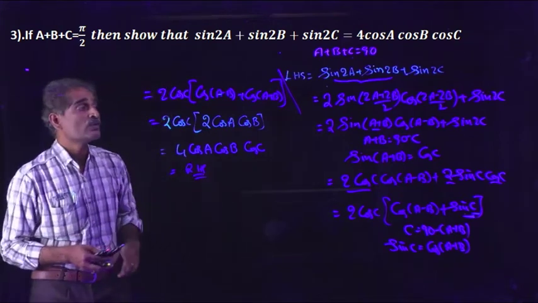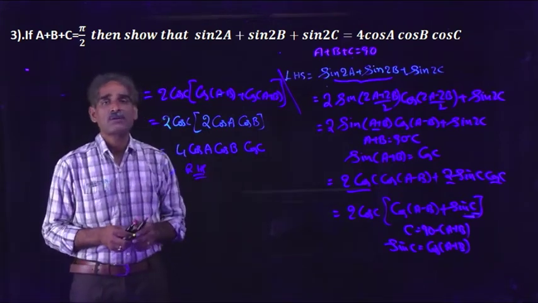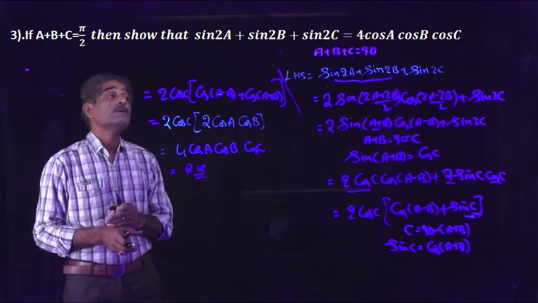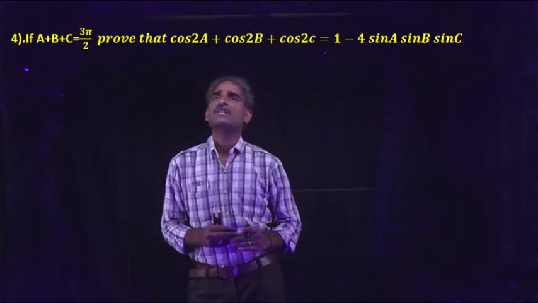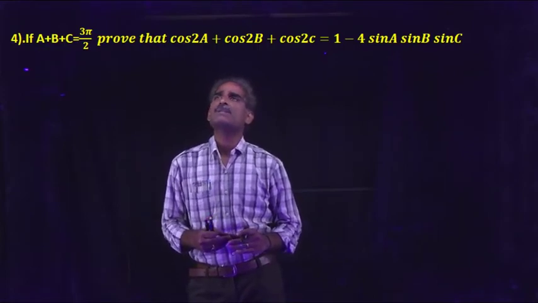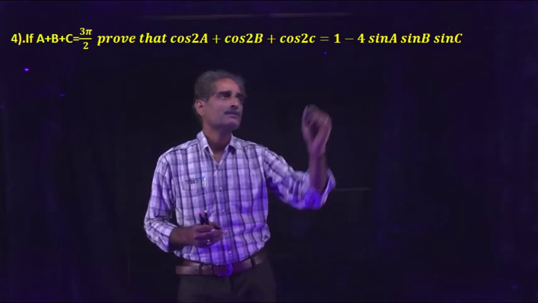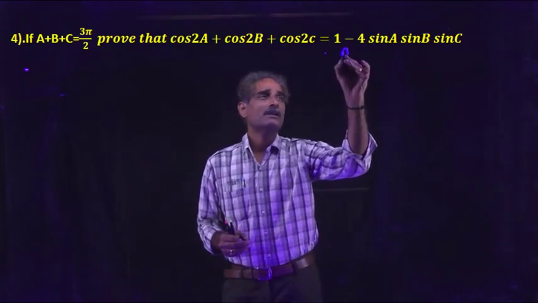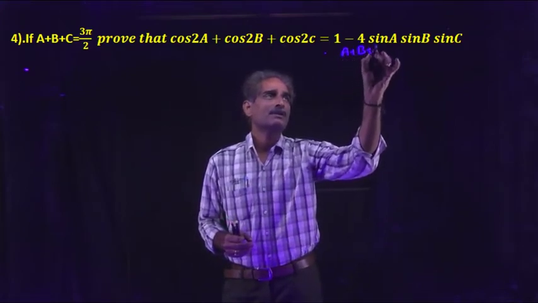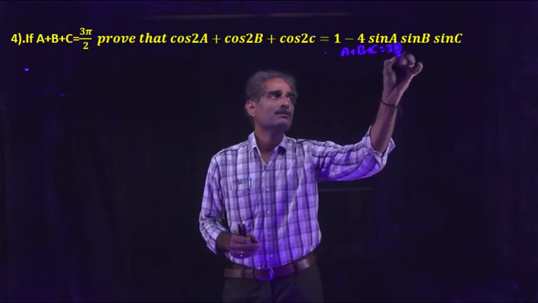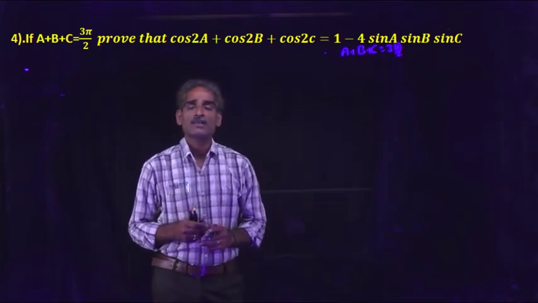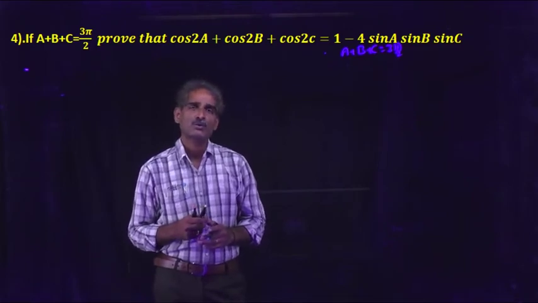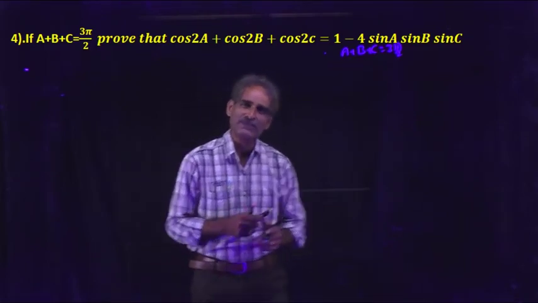This is the way to find the expression value from sum to product at the condition a plus b plus c equals 90. Now see the next condition: a plus b plus c is equal to 3 pi by 2. Given this, we have to prove cos 2a plus cos 2b plus cos 2c is equal to 1 minus 4 sin a sin b sin c.